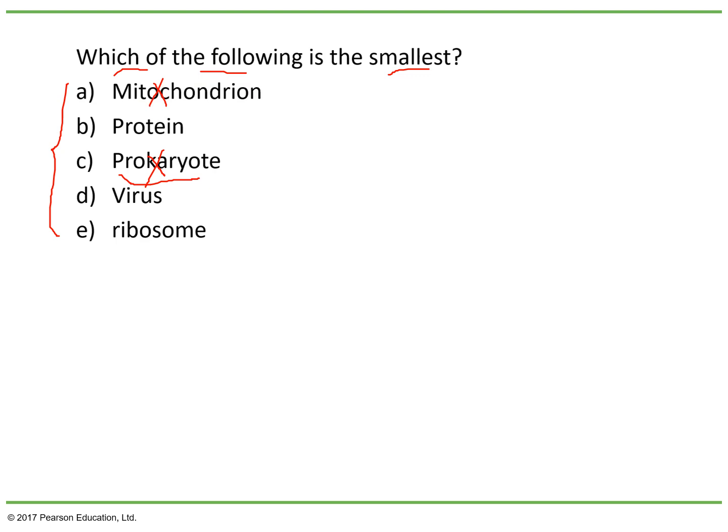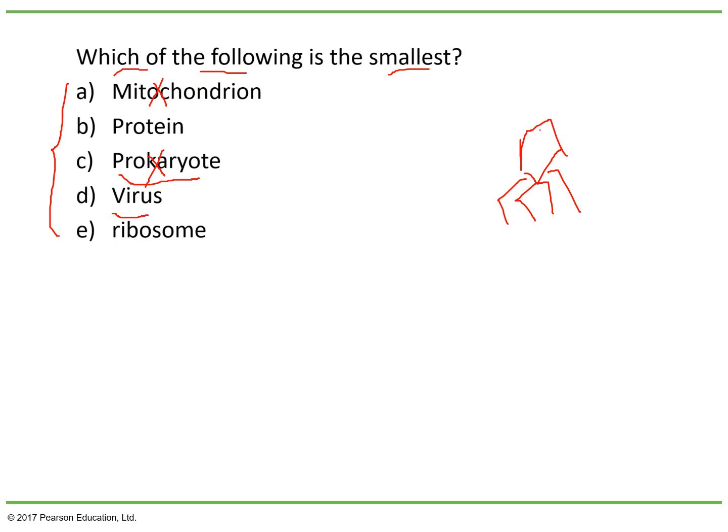If you remember from introductory biology, they have proteins. The mitochondria have proteins in the membrane. So no. If a virus, if you remember, there are different types of virus. Some of them can be very big, but let's think about the bacteriophage, the one that attacks the bacteria, which is very popular.